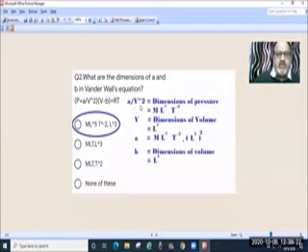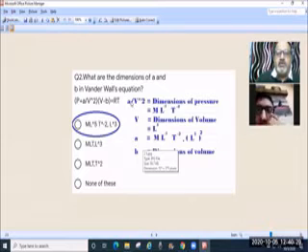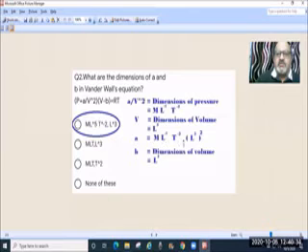So A by V² means dimensions of pressure, and the dimensions of pressure are ML⁻¹T⁻², and here V is the volume. Dimensions of volume is L³. So now when we put this value in this equation, you will get the dimension of A. So A is equal to P into V², dimensions of pressure into the square of the dimension of volume.